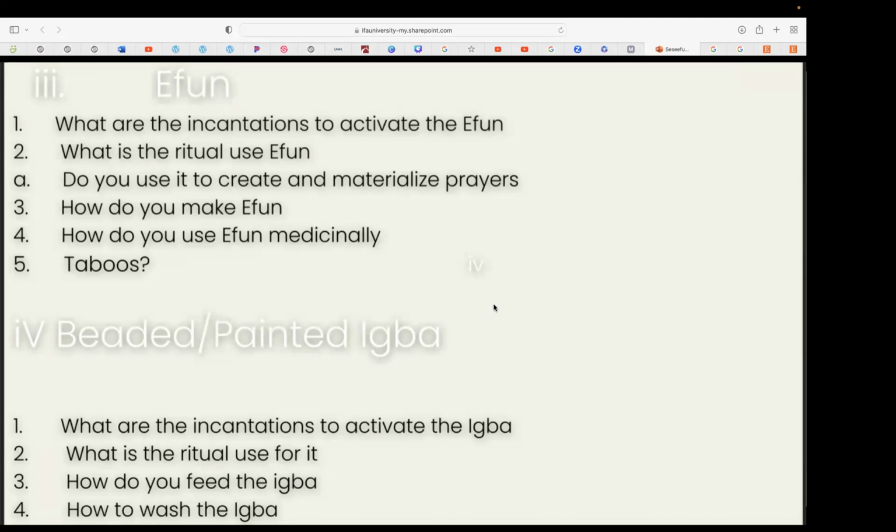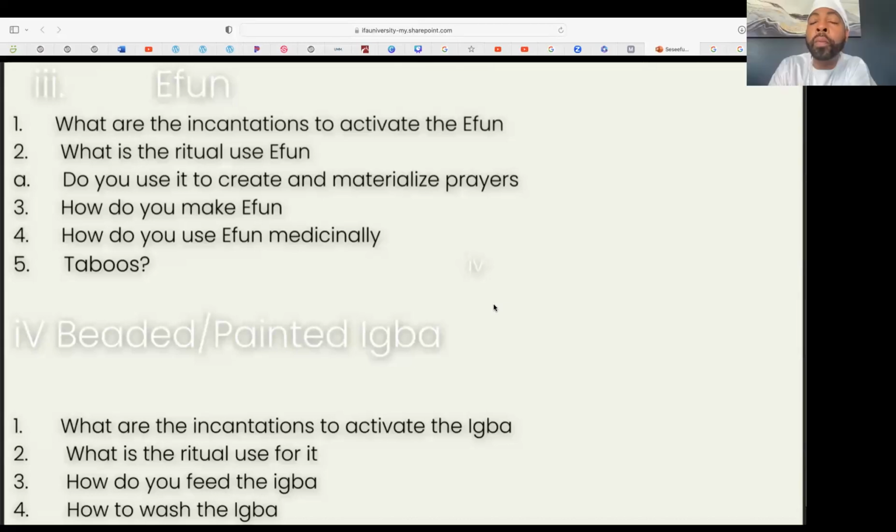That one is not Efun. Oh, I see. But that thing turns something white. Ifin is what we call it. Ifin. Okay.